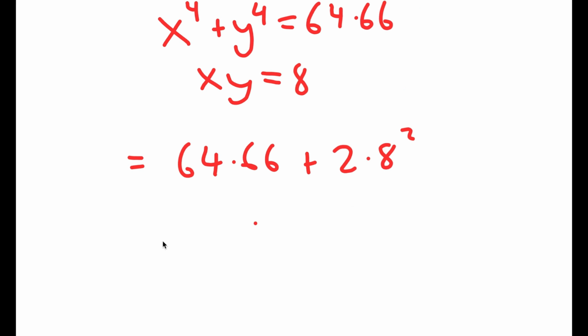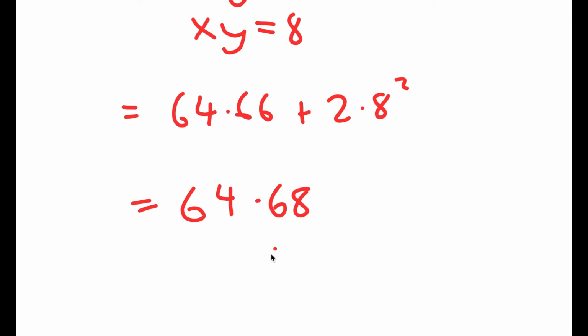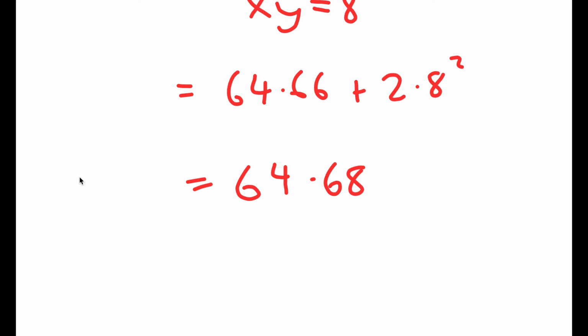And now this is equal to 64 times 68. So this is the value of (x squared plus y squared) squared.